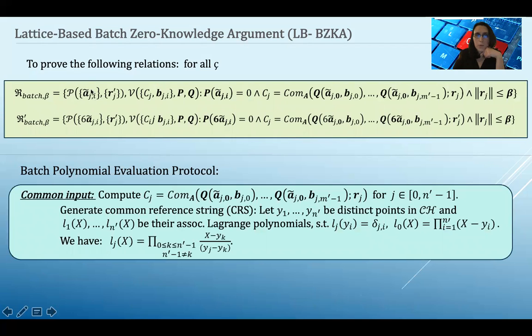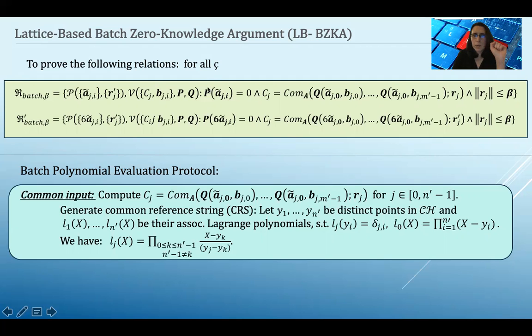The prover's input is the secret vector A tilde and the corresponding randomness vector, and the verifier's input are the commitments CJ, which are the commitments to the vector Q evaluated at AJI tilde and BJI, and the polynomials P and Q.